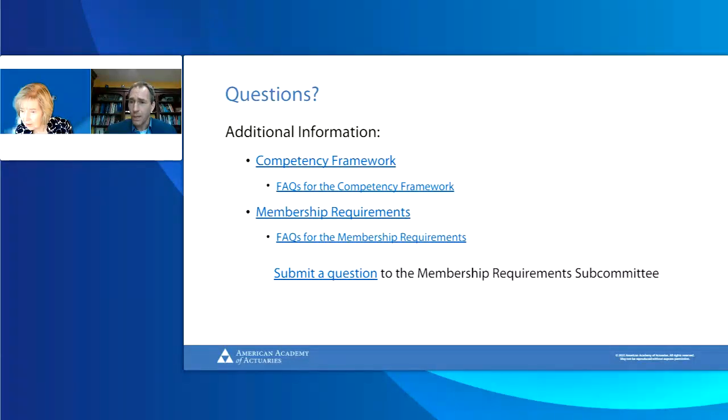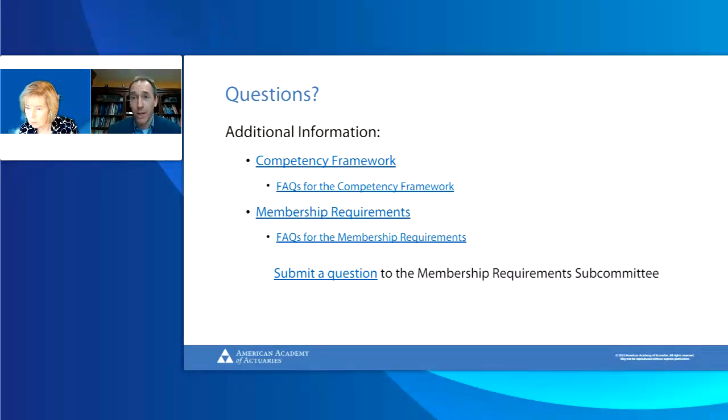There was a question early on about needing to prove that you have specific knowledge for current responsibilities, but what if your responsibilities change and you move over to another area? I think the answer to that is, our focus is that we want people to join the Academy if they have a specific area of actuarial work and they are performing that work and have the requisite experience to perform that work.